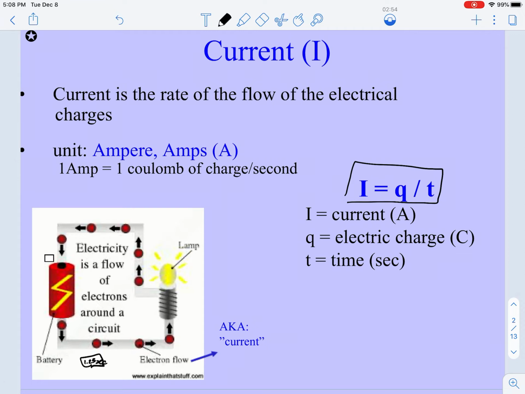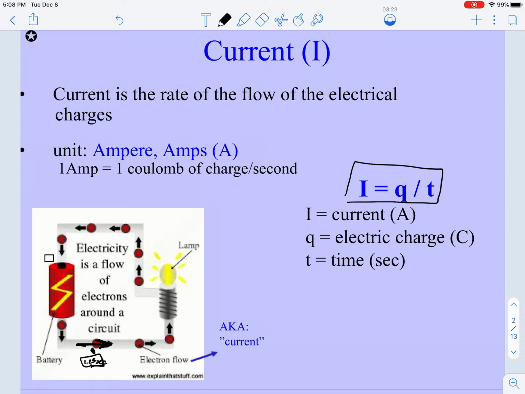If we had some sort of timer or stopwatch here, measuring how many seconds it took for these electrons to pass by, we would ask how much electric charge passed this particular location, and how many seconds or fractions of a second did it take.